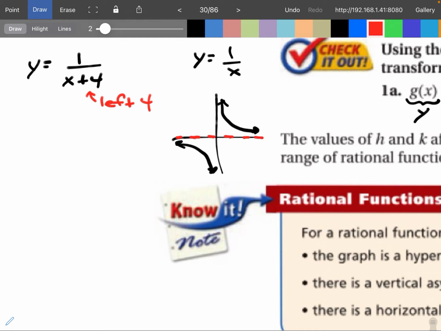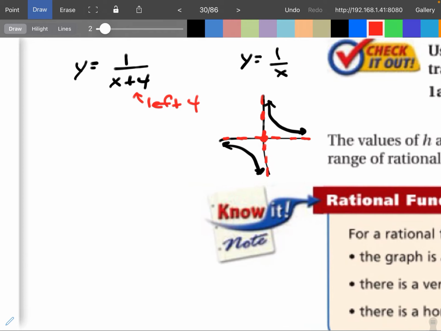You got an asymptote right here, a horizontal one, and you got a vertical one right here. And you're actually going to kind of move those. So right now, 0, 0 is kind of where those two asymptotes cross each other. And so what you want to do is you want to move that point left 4. So what you're going to end up doing is just moving the vertical asymptote left 4 units.